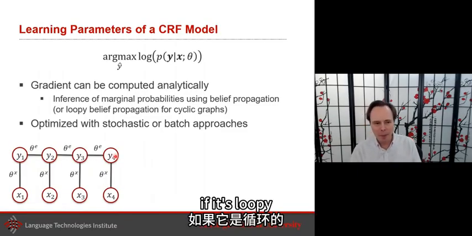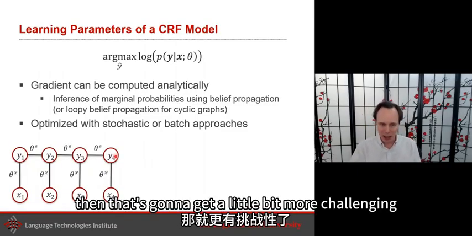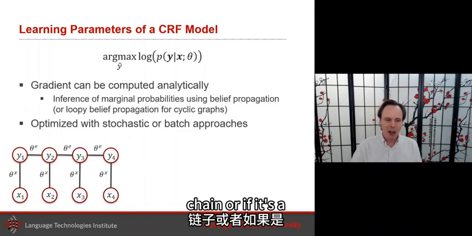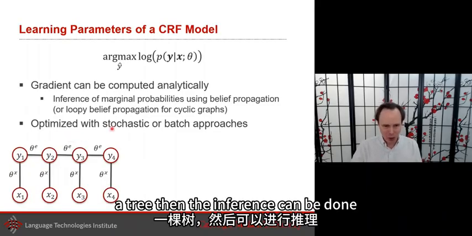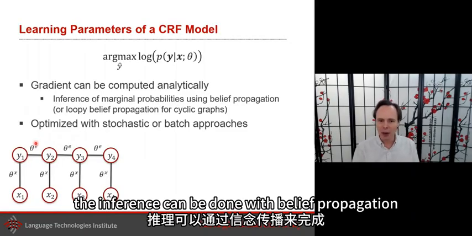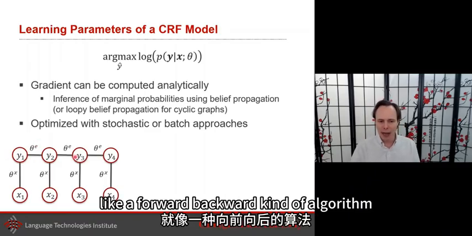If it's loopy, then that's going to get a little bit more challenging. But if it's a chain or a tree, then the inference can be done, and often the inference can be done with belief propagation, or a forward-backward kind of algorithm.